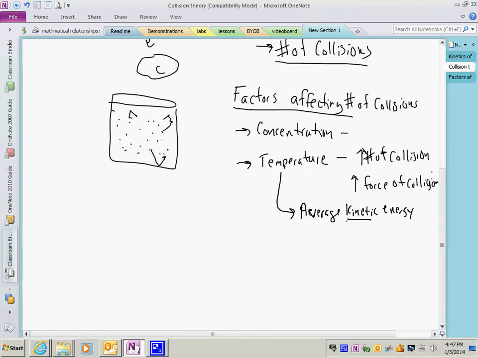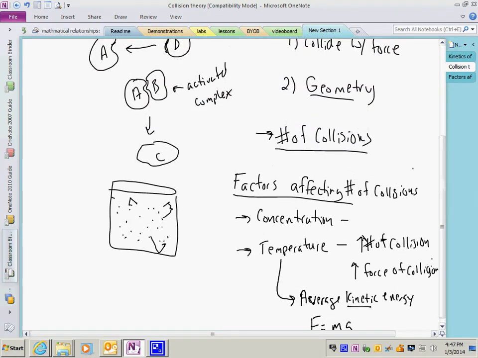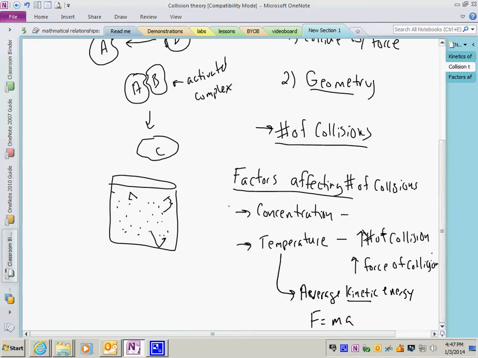Temperature is movement of particles. So when you have a particle, force equals mass times acceleration. The faster it's moving, the larger force it has, the more momentum it has, the more impact it has. So when A and B actually collide, if they're moving at higher temperatures, they hit harder because they have more speed, more we call molecular velocity.